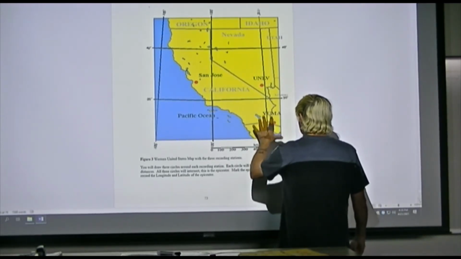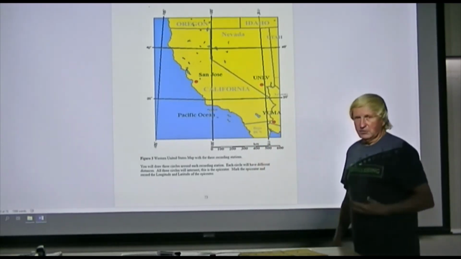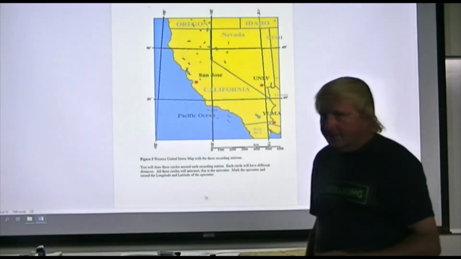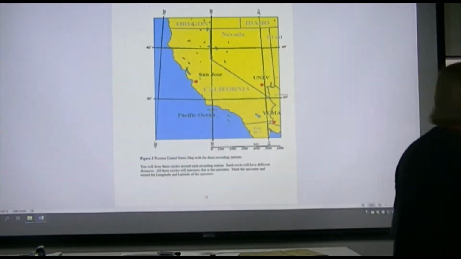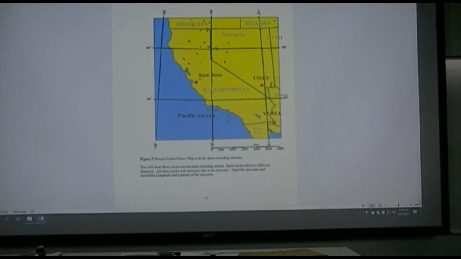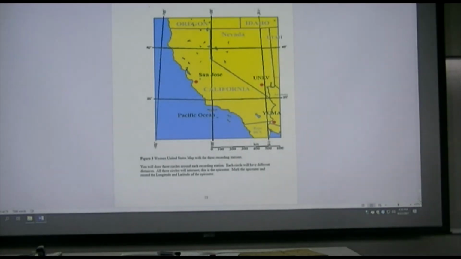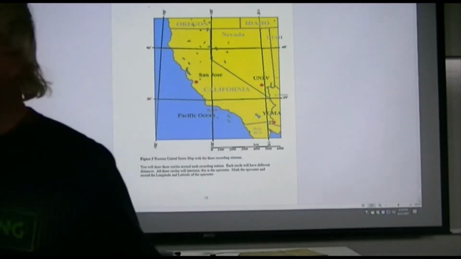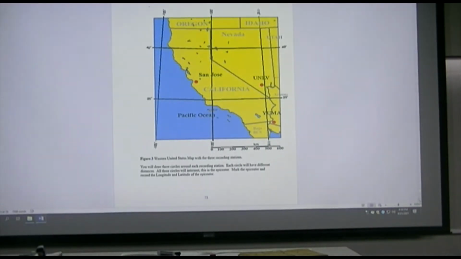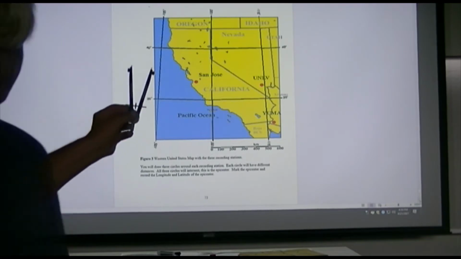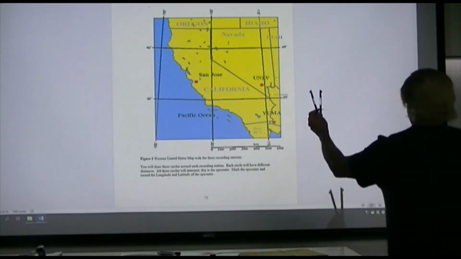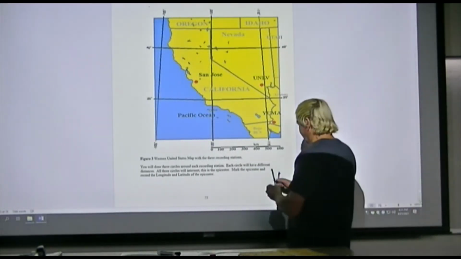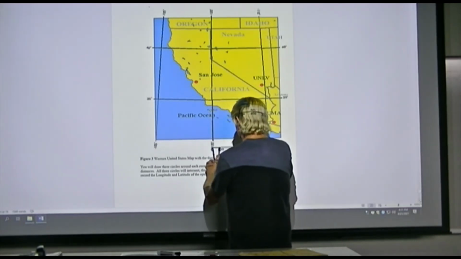We're going to take a compass, and we draw a circle around it. So let me get my piece of paper here. You take a compass like this, good old compasses, and you open it up using this scale here.